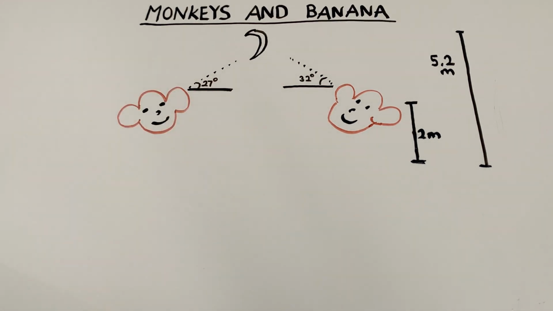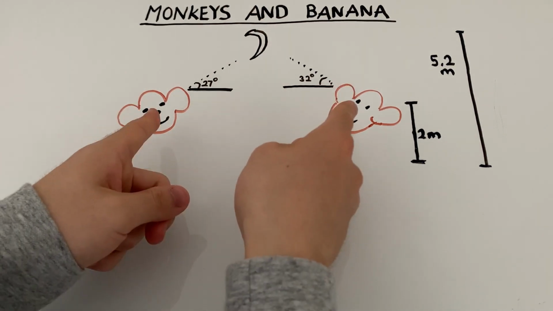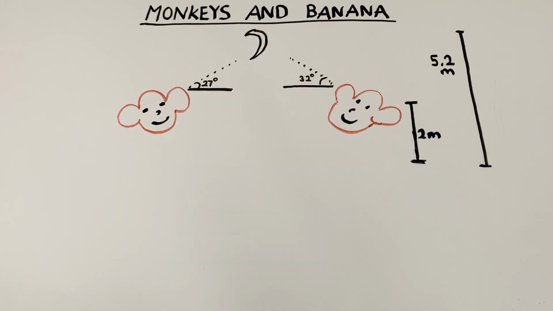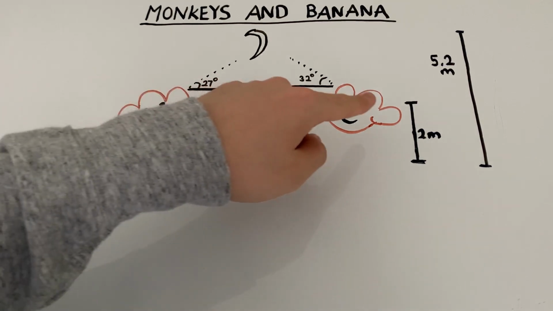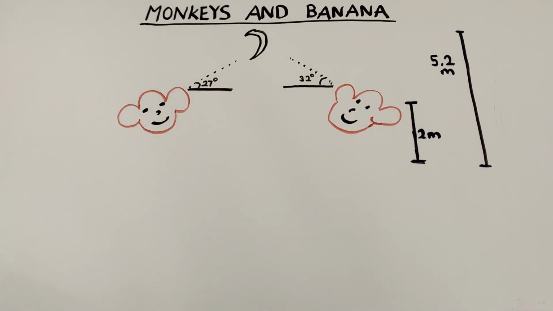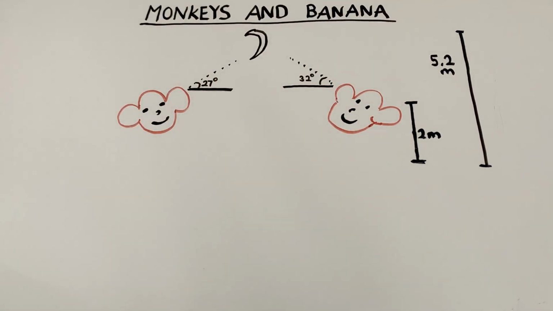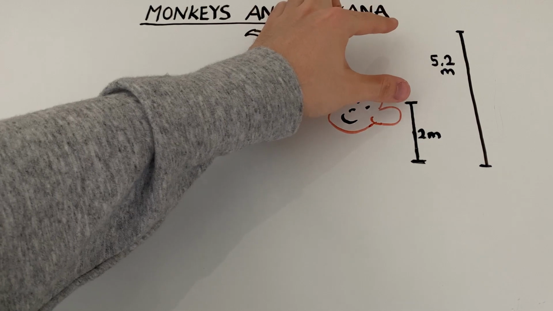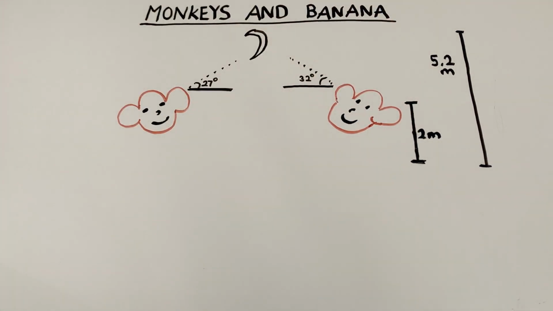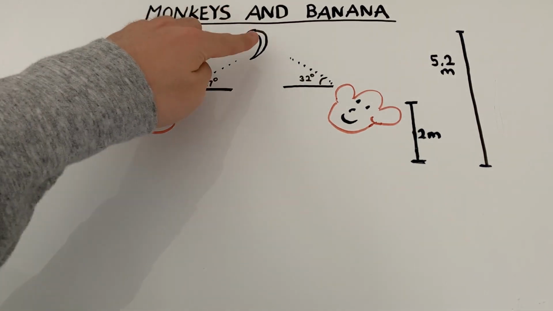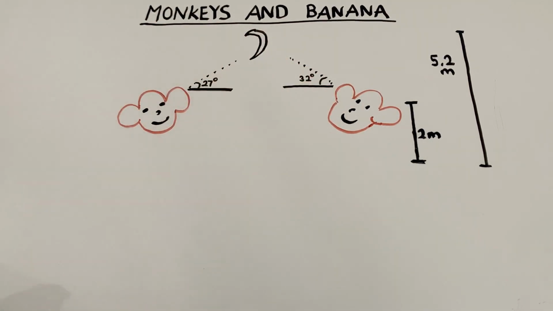Two monkeys looking up at a banana, and we need to find out how far these two monkeys are from each other. Now, if the monkeys' eye levels are 2 meters above the ground and the banana is 5.2 meters above the ground, then this vertical distance of 5.2 take away 2, which is 3.2 meters, is how far the banana is from the monkey's eye level.